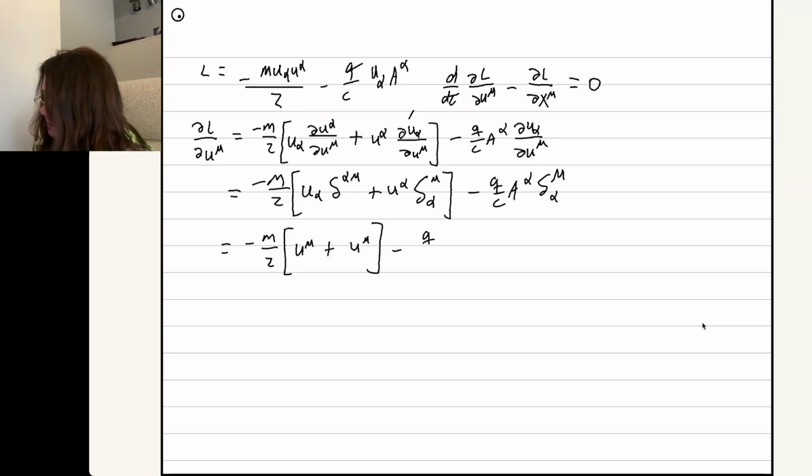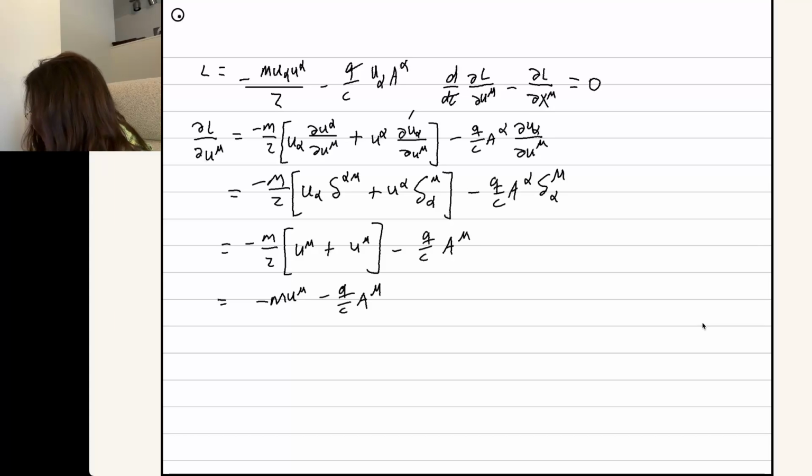And then we've got q over c, and this is going to be A^μ, raising A to the superscript μ. Pretty excellent stuff.